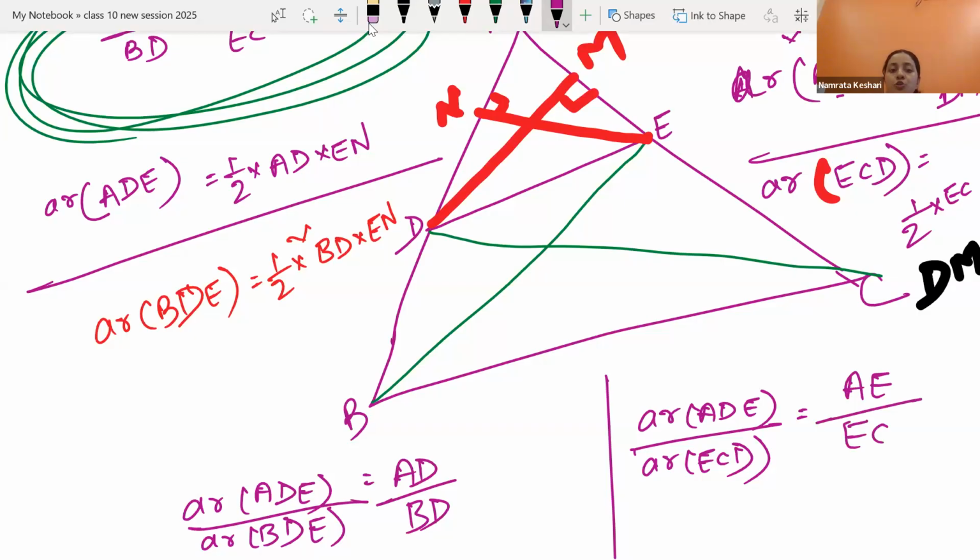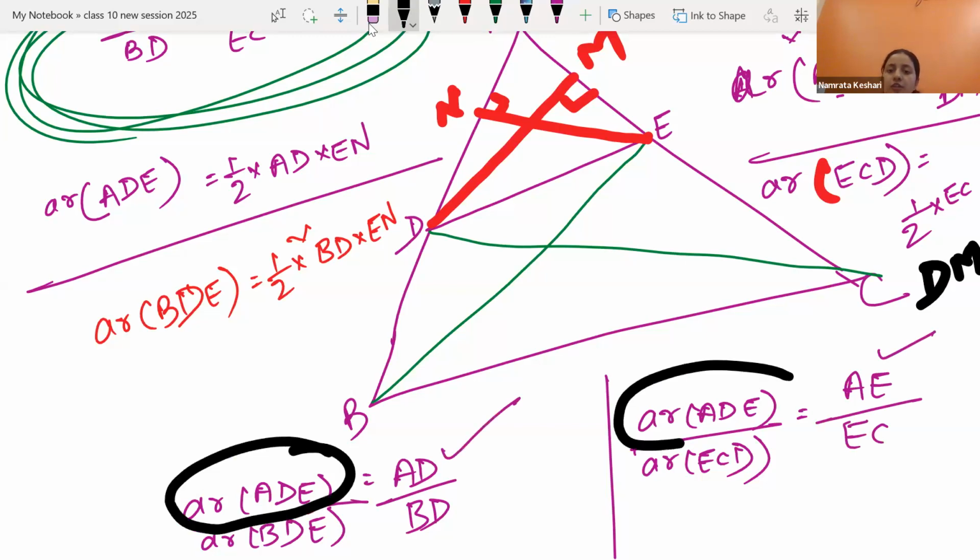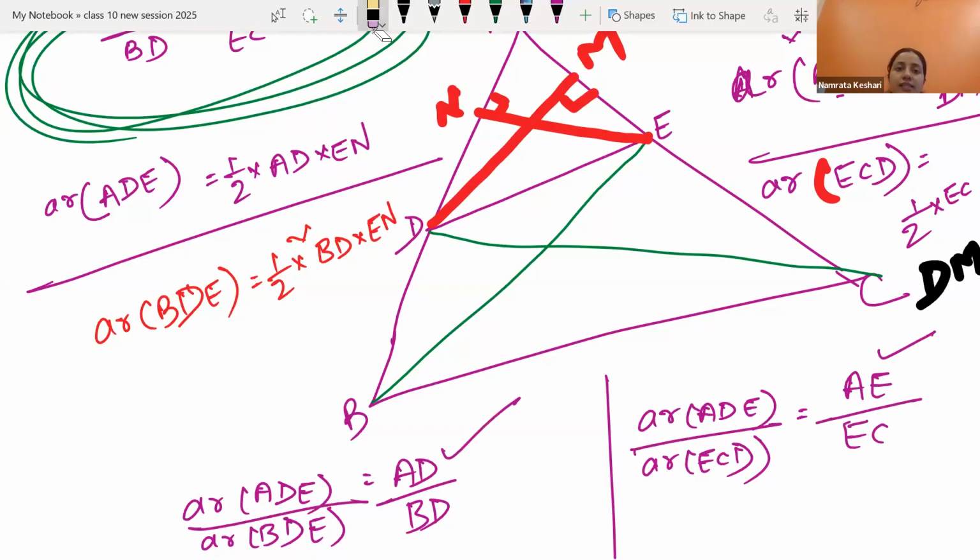Now you need to show that this and this are the same. The numerator is already the same, and the denominator is also the same. Why the same?